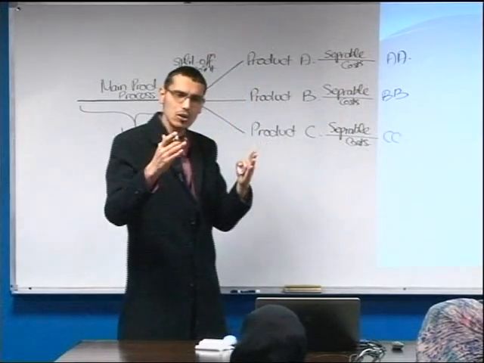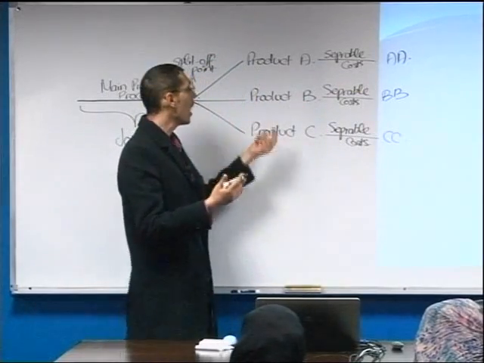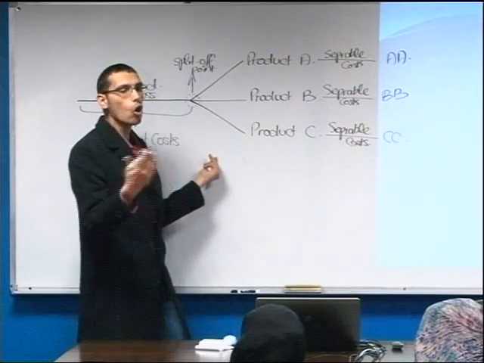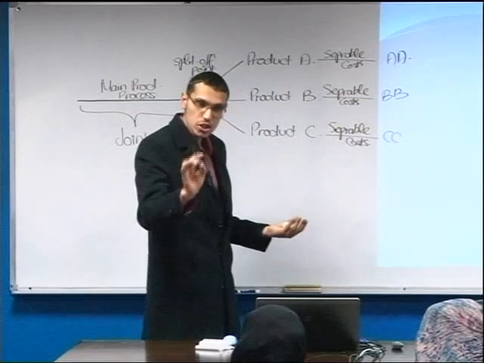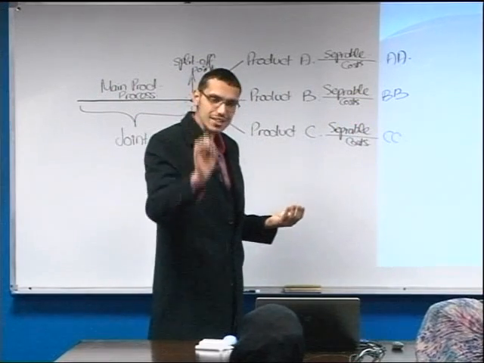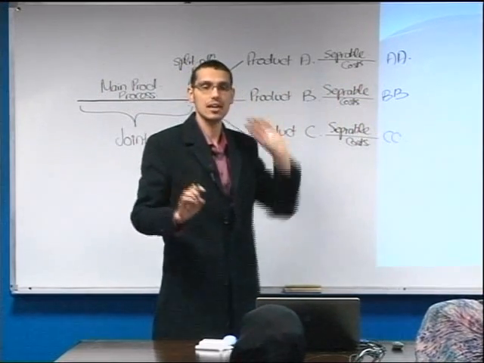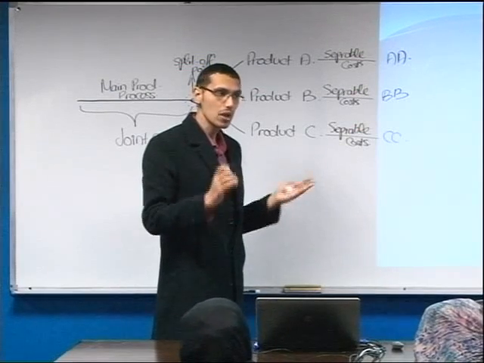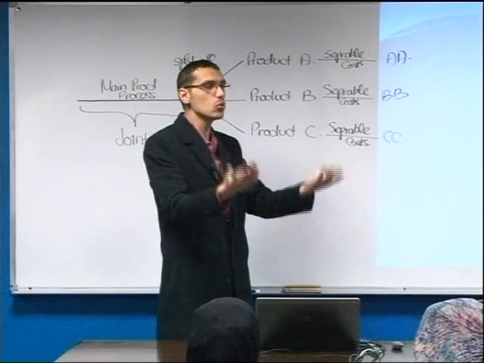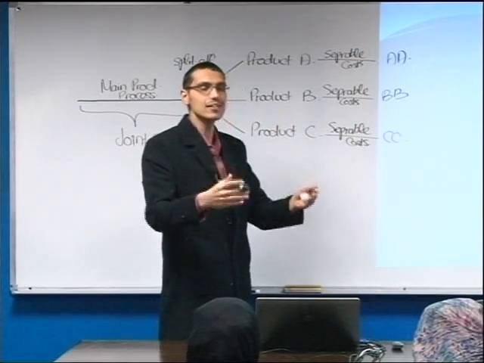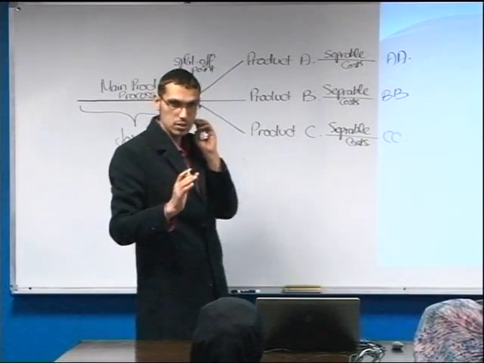I'm not talking here about whether to sell them after the split-off point or after further processing. This decision will be considered in detail in management accounting. Whether to sell or process further is a decision that you will take in detail in management accounting courses.